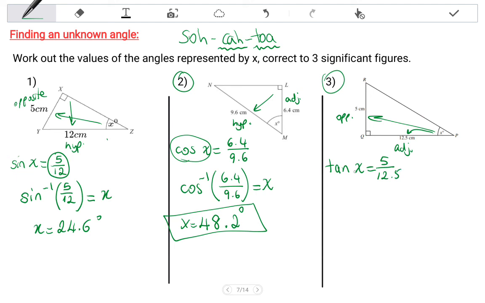Again, I need the angle, so I need the inverse operation of tan. First press the shift button, then press the tangent button, and you will see inverse tan on your display. Within the bracket, you're going to write the ratio, and this will give you the answer. And it is, to 3 significant figures, 21.8 degrees.